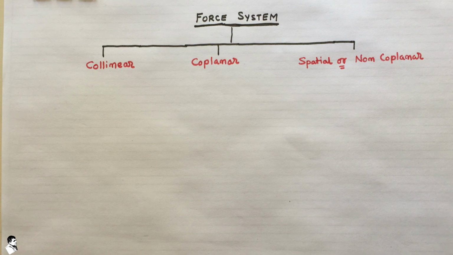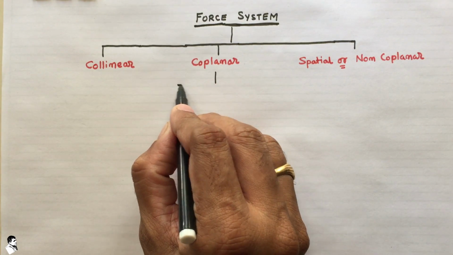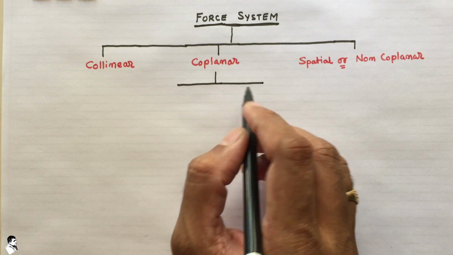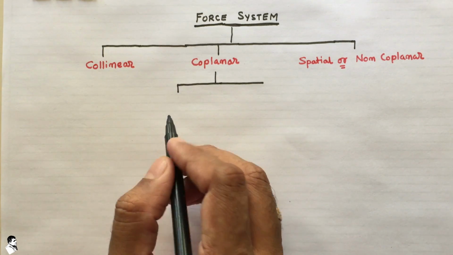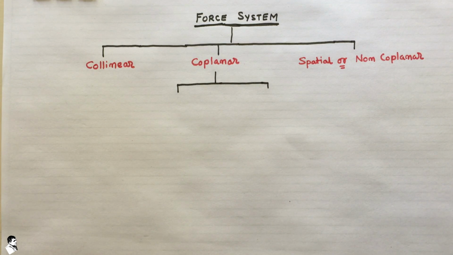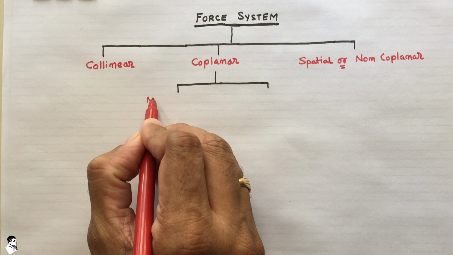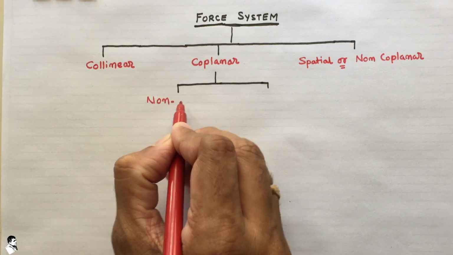Now further, if we divide or go with another category, or we can say the subcategories, that is non-concurrent and concurrent.